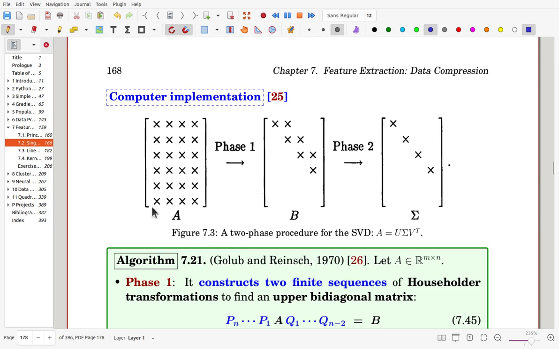First, we change the matrix into a bidiagonal matrix, and then by using QR iteration we get the eigenvalues and eigenvectors. This transformation is an orthogonal transformation, so after getting the eigenvalues and eigenvectors, we transform back to the original matrix. That's the idea.